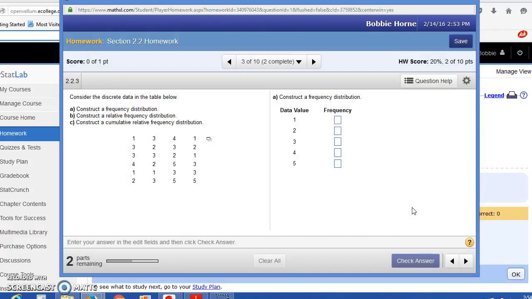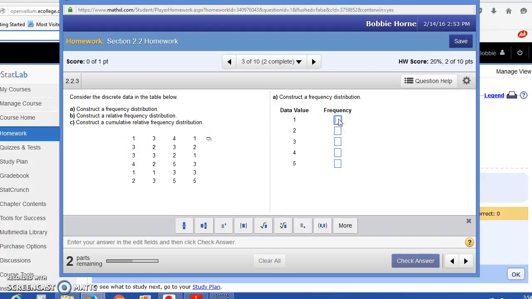Okay, as far as frequency, you are counting the numbers that you have of each data value. So if you see the number 1, if you count the frequency, how many ones do you have? 1, 2, 3, 4. So you type in 4. And then your 2's, you have 1, 2, 3, 4, 5 2's.